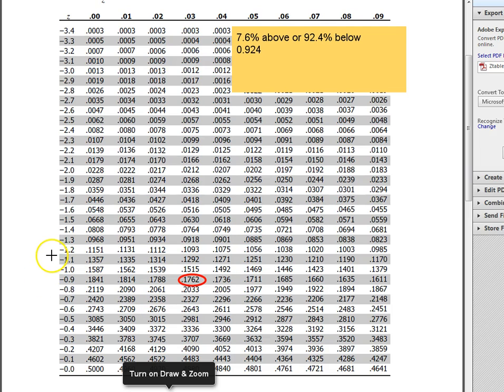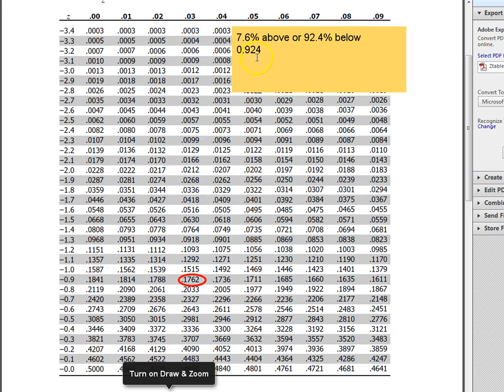The second z-score that we need to find is the one that's associated with the upper 7.6%. Remember, to find this on the z-table, we have to focus on the lower portion of that normal distribution. So we're going to subtract this from 100 to get 92.4. So we're subtracting 7.6 from 100 to get 92.4% below.